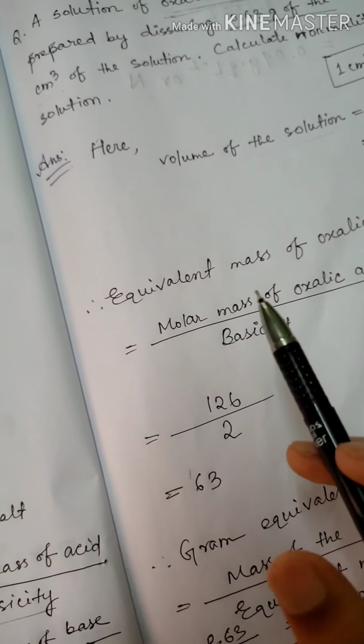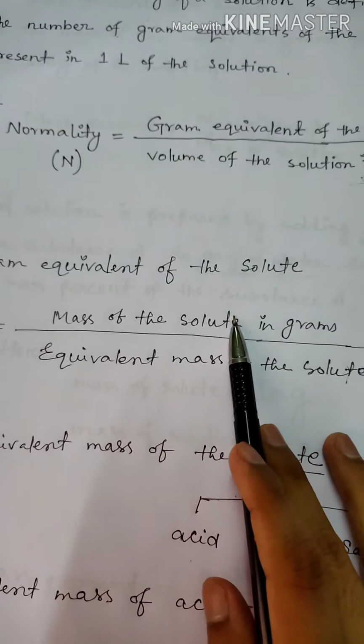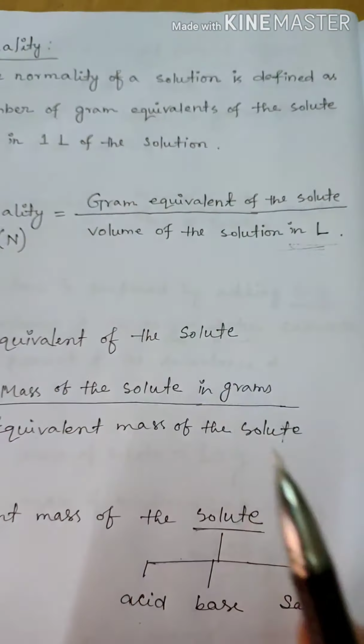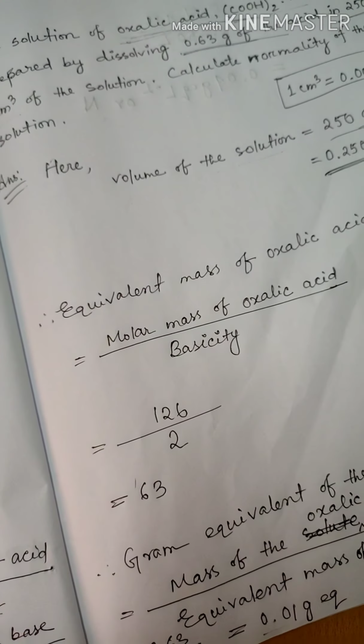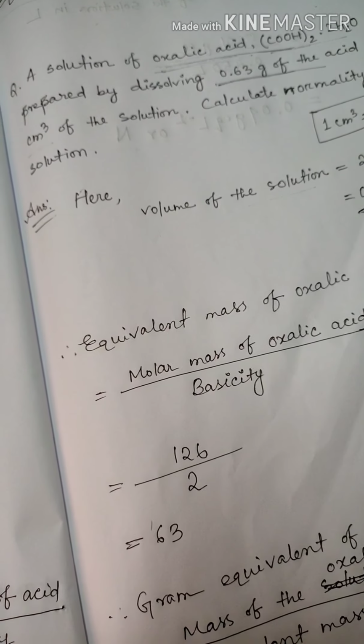Then we calculate the gram equivalent of the solute, and then we are able to find the normality of the solution. So these are the steps for finding the normality of any solution.